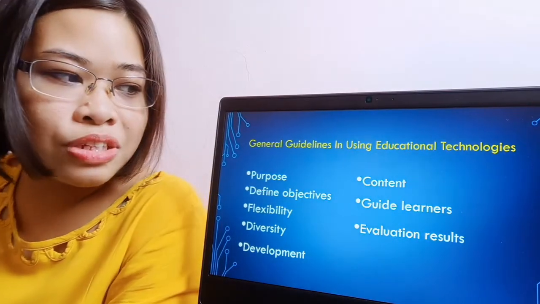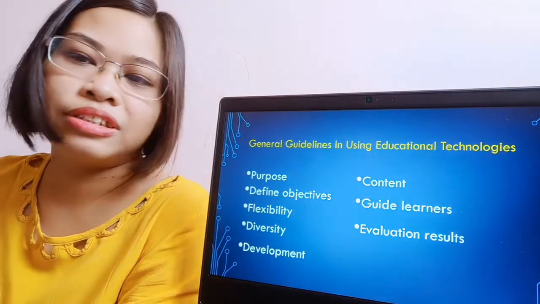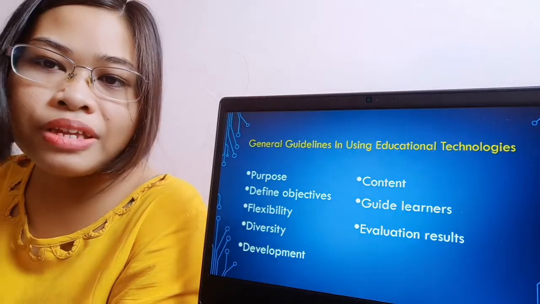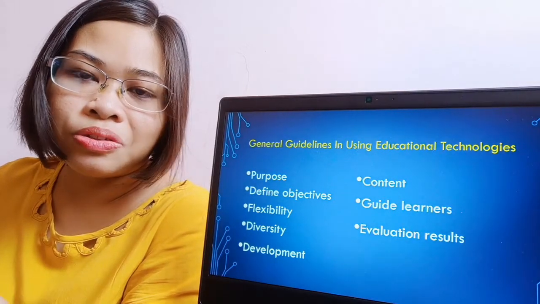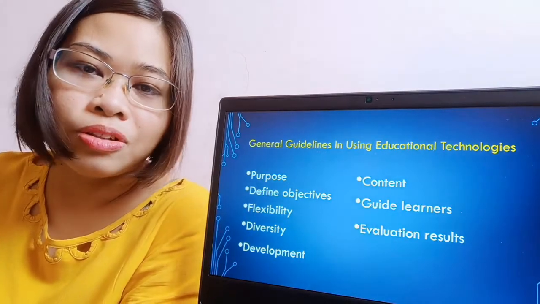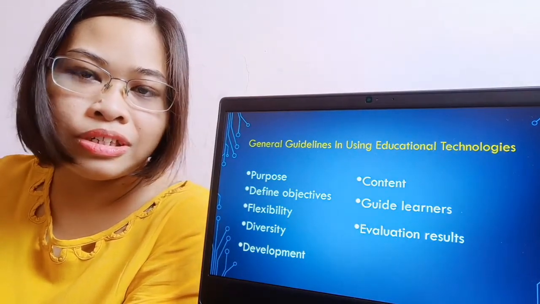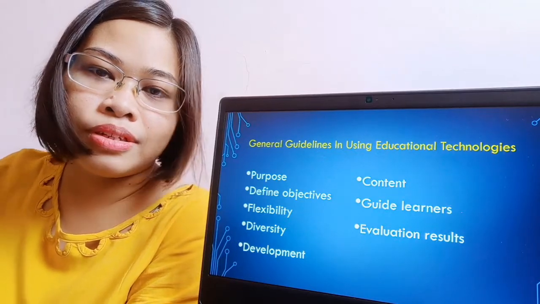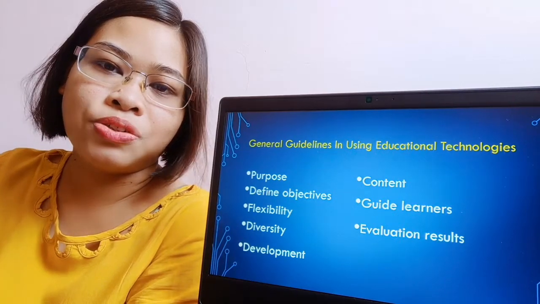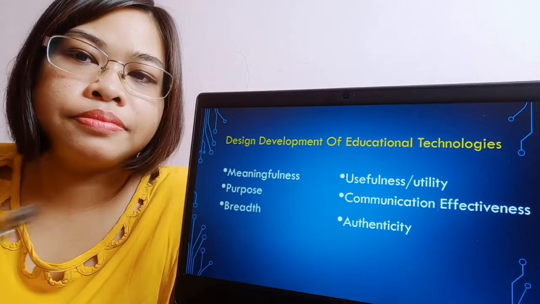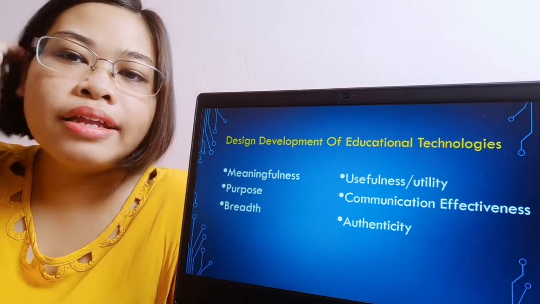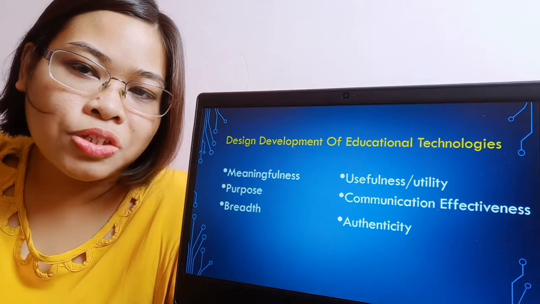Of course, you also need to guide the learners, and you also need to evaluate the results. Consider your own reactions, and also consider the reactions of your students about the instructional aids that you are using.